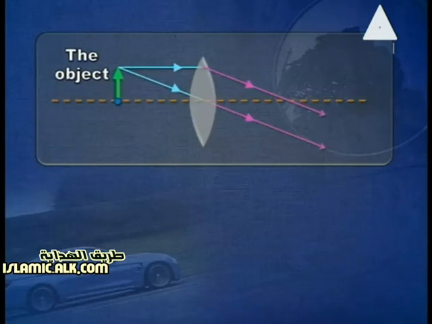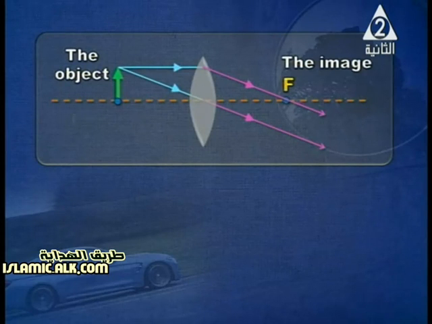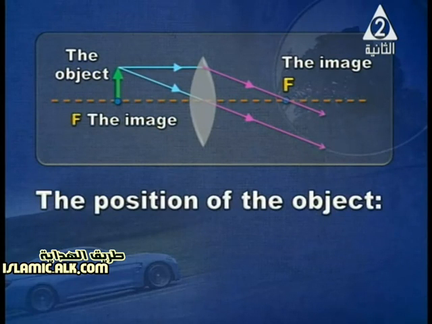Another case, when the object is placed at the focus of the lens. This object will send two rays. The first ray parallel to the principal axis, which refracts passing through the focus. The other ray will pass without refraction as it passes through the optical center of the lens.